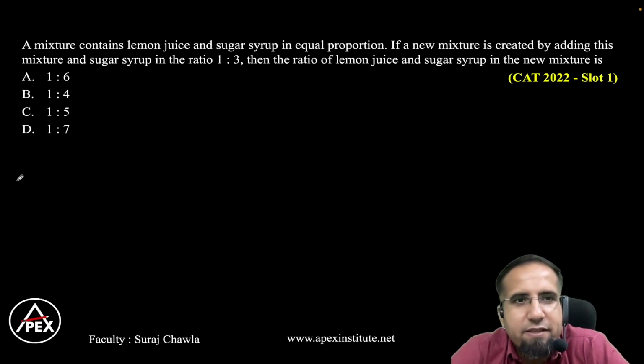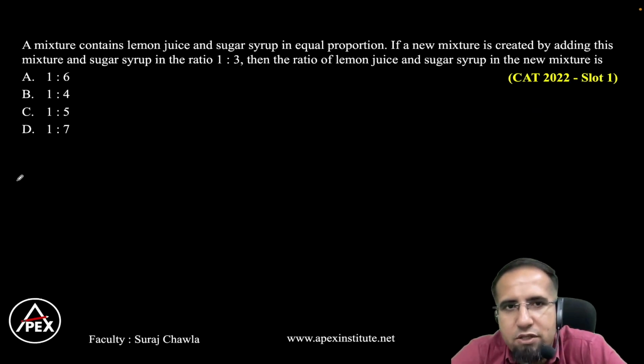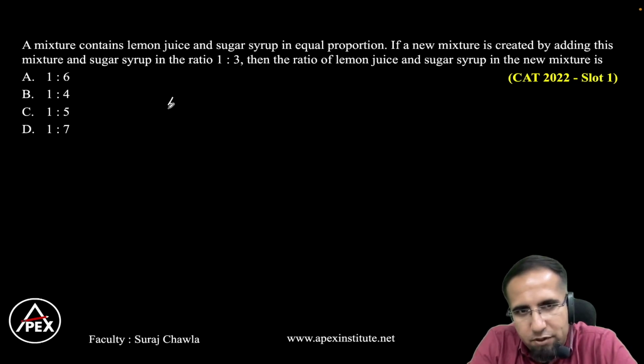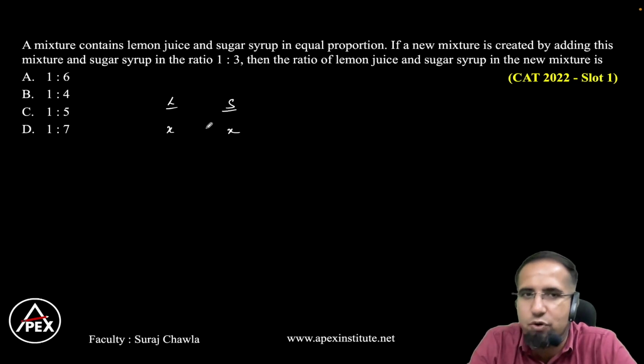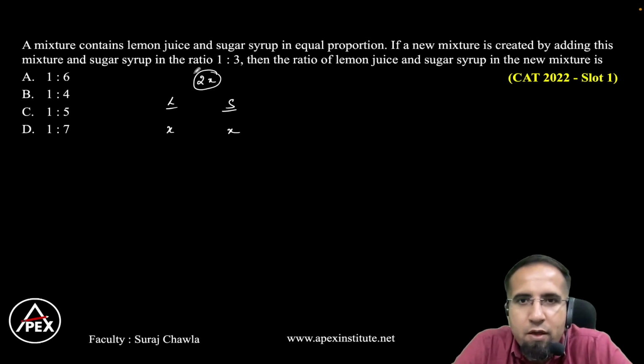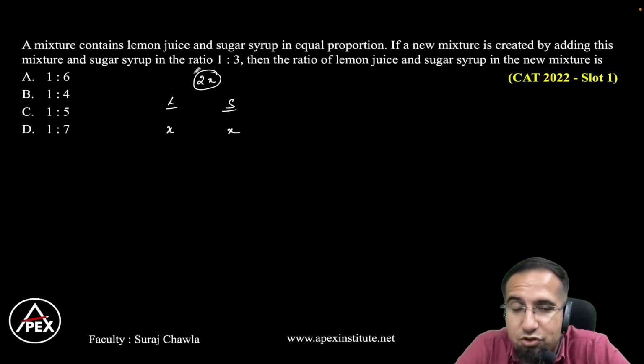Now this question says a mixture contains lemon juice and sugar syrup in equal proportion. Okay, so let me say x liters of lemon juice and x liters of sugar syrup. That means a total of 2x liters. If a new mixture is created by adding this mixture and sugar syrup in the ratio of 1:3.